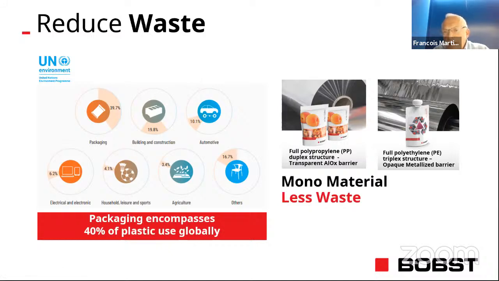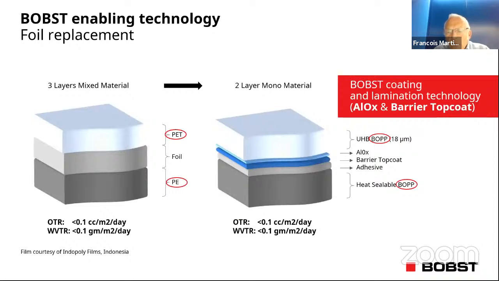What does it mean, monomaterial? I will not go into the details, but you will get it very quickly. On the left, this is a classic pouch for potato chips. So you will have two types of polymer, like PET and PE, but the problem is that you cannot recycle any of them, because as soon as you mix two types of substrates, they can't go into the recycling process.